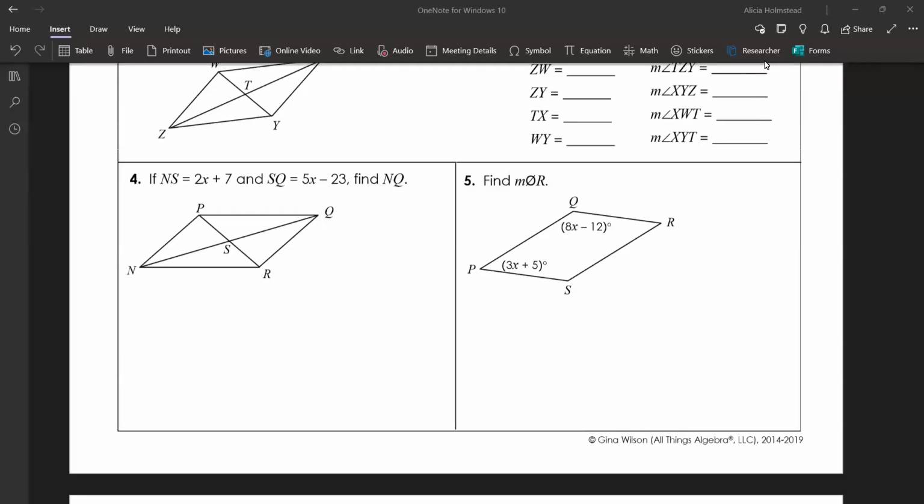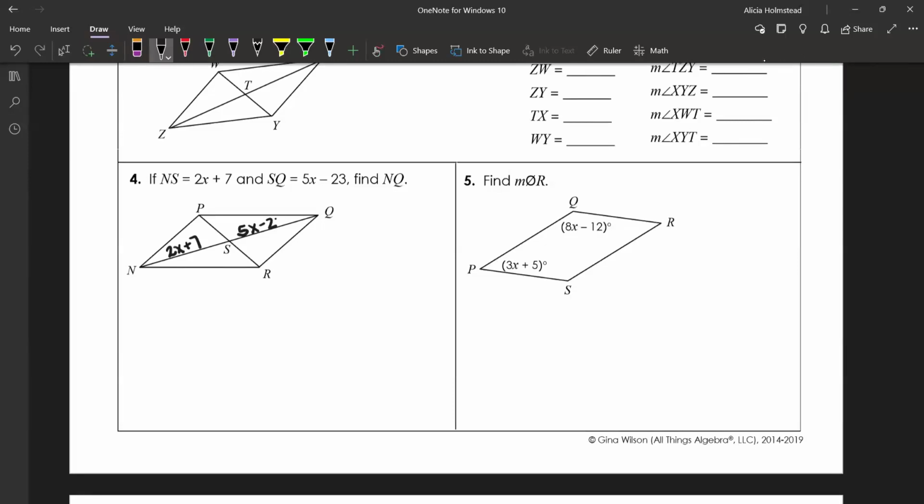All right, question 4. We've got a parallelogram here, and we know that NS is length 2x plus 7, and S to Q is length 5x minus 23.